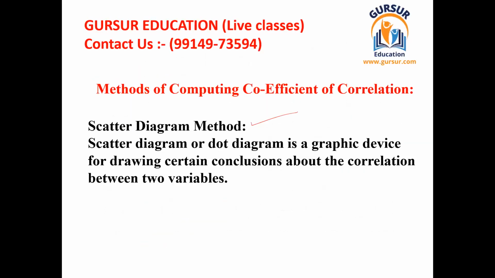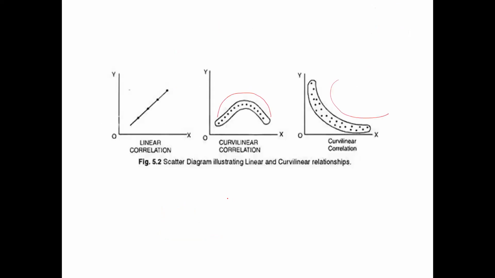So this is the first method for knowing about the relationship between variables. A scatter diagram or dot diagram is a graphical device for drawing certain conclusions about correlation between two variables. You would have understood this completely. Just make the dots of the variables and try to find their relationship. This is a scatter diagram.